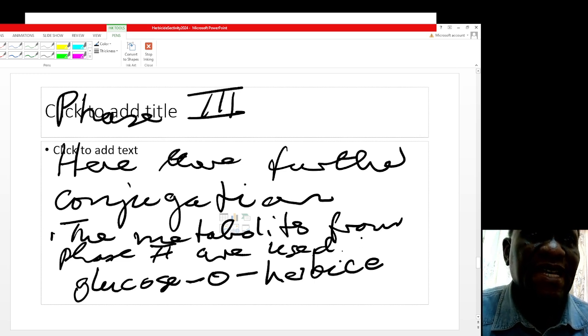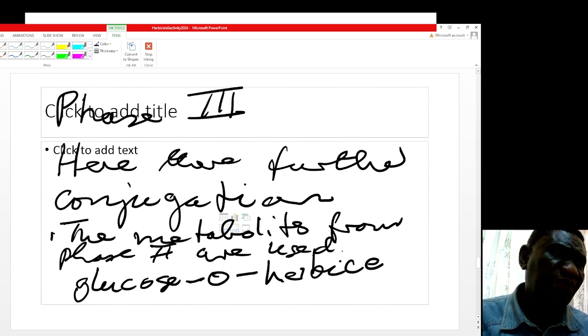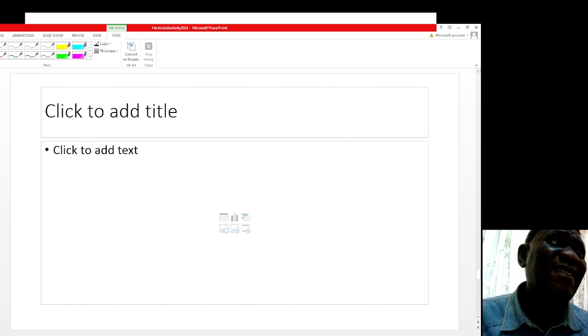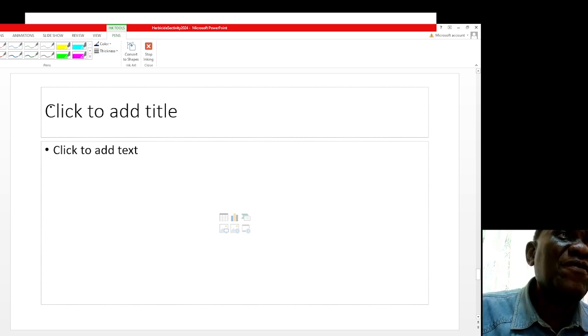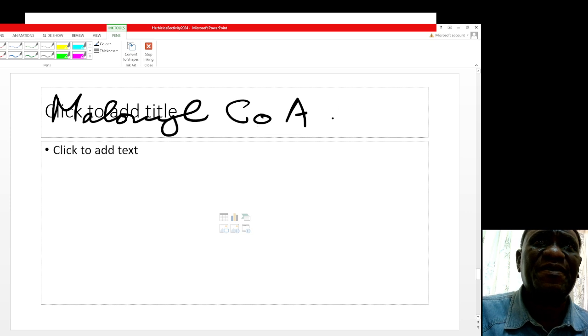This can further be altered in phase 3. In this phase we have what is known as malonyl coenzyme A activity.